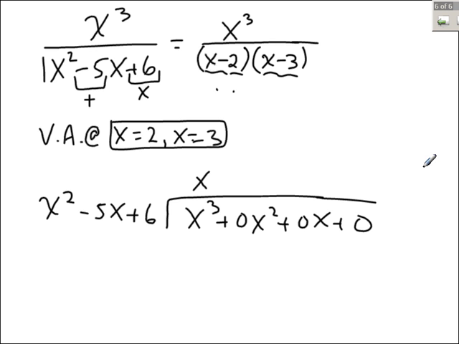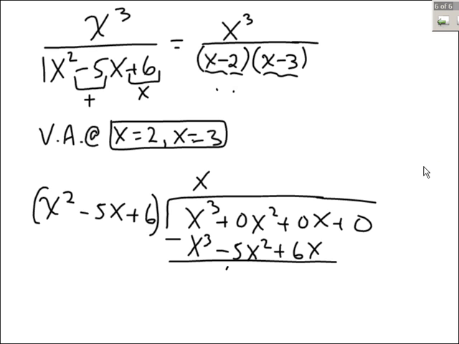Multiply by x. If you multiply what I just put brackets around by x, you'll get x cubed minus 5x squared plus 6x. And then you subtract, and you'll get 5x squared minus 6x plus 0.